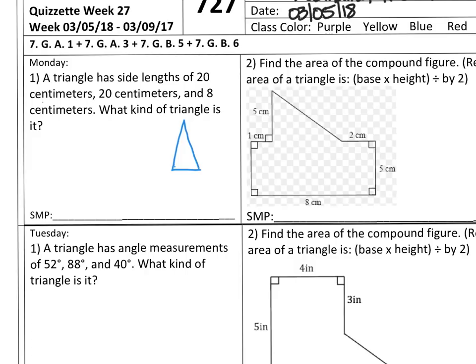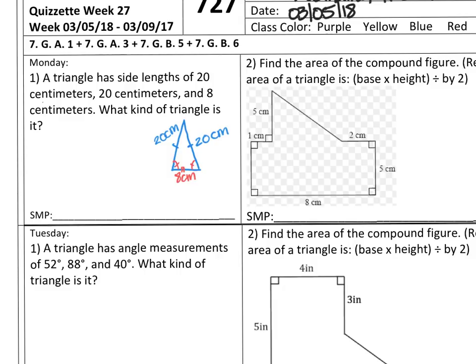So here it says a triangle has side lengths of 20 centimeters and 20 centimeters. So I would say it obviously has two sides that are the same length, which is 20 centimeters and 20 centimeters. The question also provides the third side length, which is 8 centimeters. So I'm going to put it where it belongs, and this one is 8 centimeters. By looking at this triangle, I know that it has two congruent sides, and if there are two congruent sides, that means there are two congruent angles.